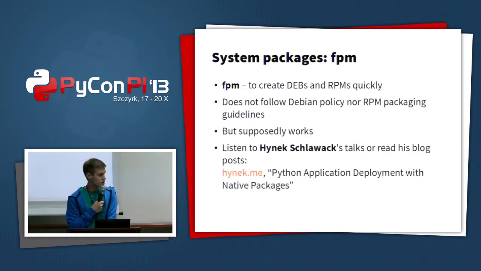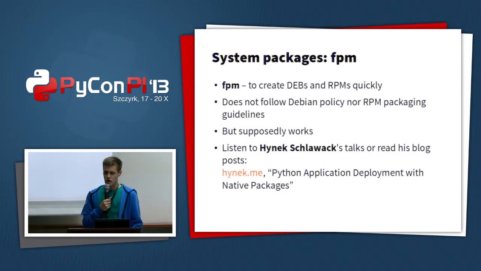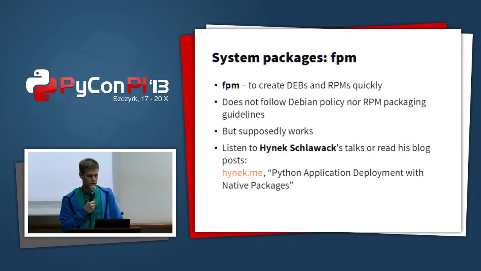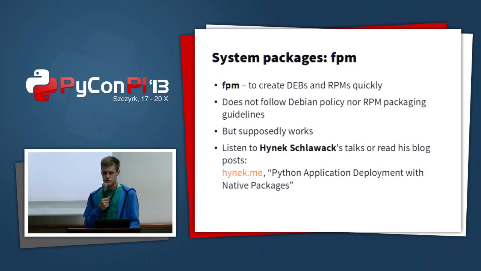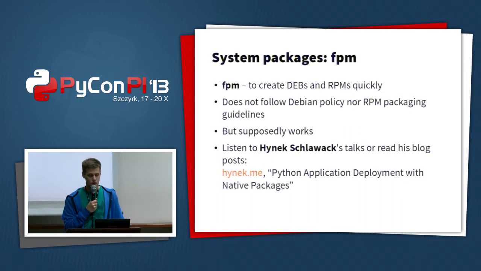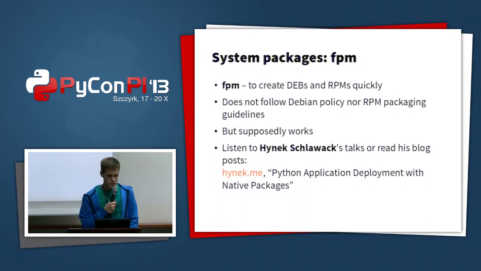So because creating debs and RPMs is so hard, someone made software that helps us with it. I'm talking about FPM. It's like a cheap developer. It does what it has to do no matter what. So it does not follow guidelines, does not comply with policies, but it works and gets the job done.